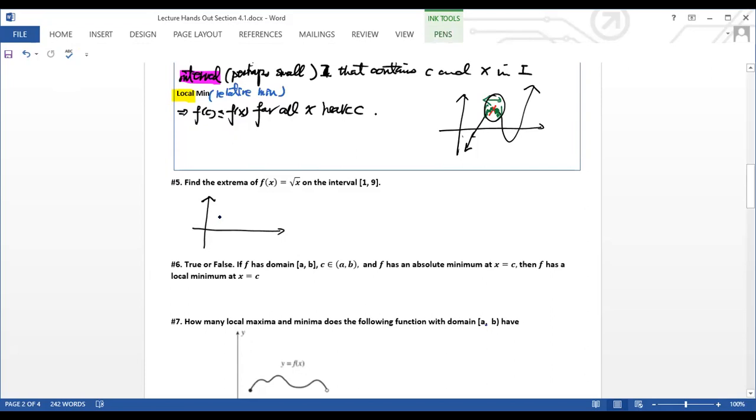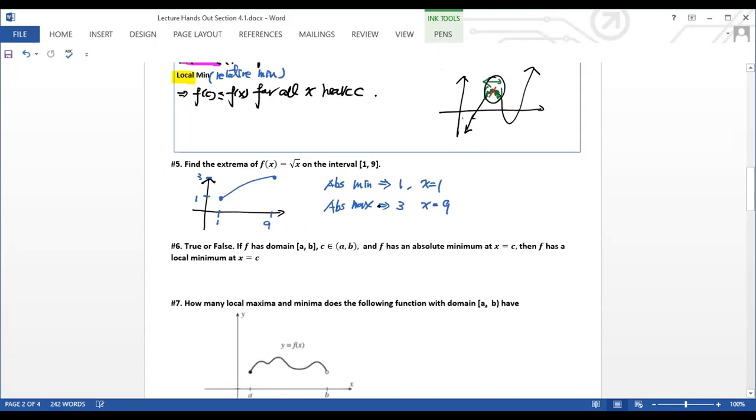When x equals 1, I have 1, and when x equals 9, I have 3. So this is my function. Because it is continuous on this interval, I know the absolute minimum is 1 at x equals 1, and the absolute maximum is 3 at x equals 9.